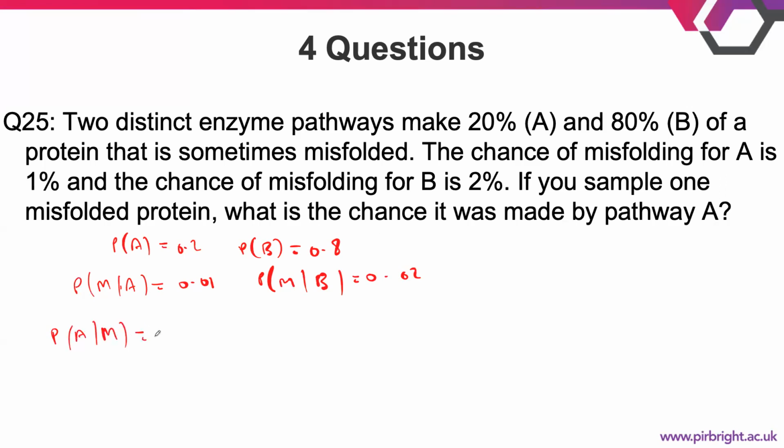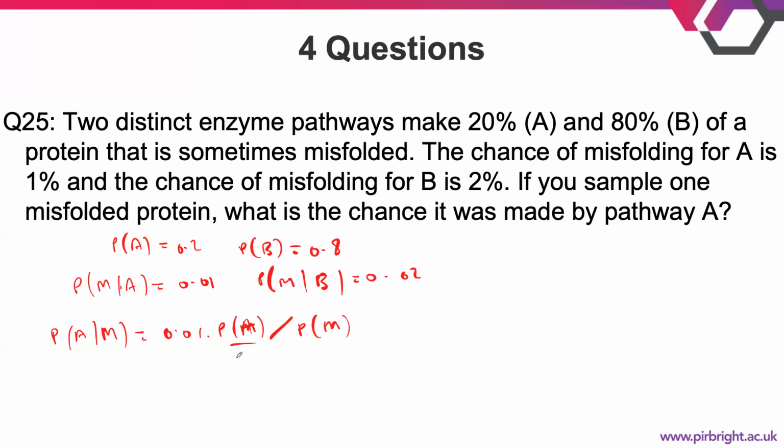So above, we're going to have 0.01 there. Our next value is going to be the probability of A, and then the probability of being misfolded.